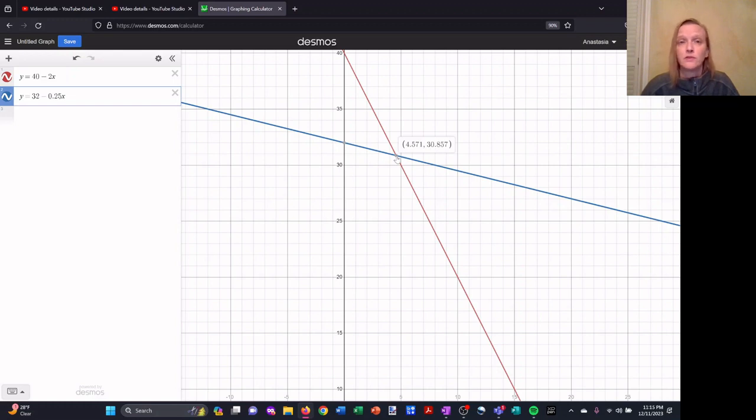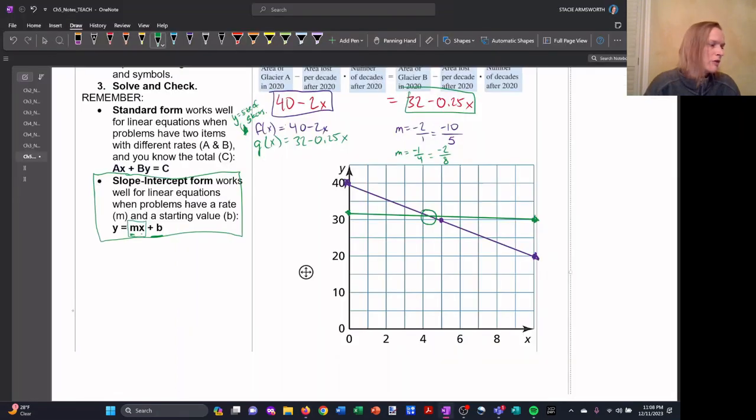Based off of the graphing calculator, a reasonable approximation of that intersection point is 4.57 for the x value and 30.86 for the y value.